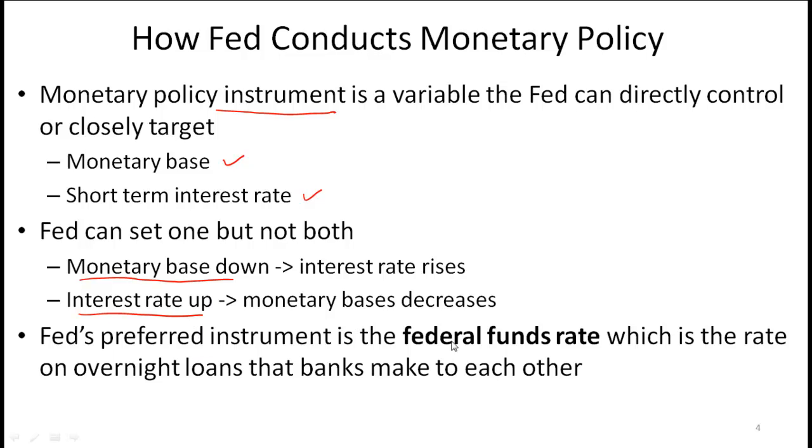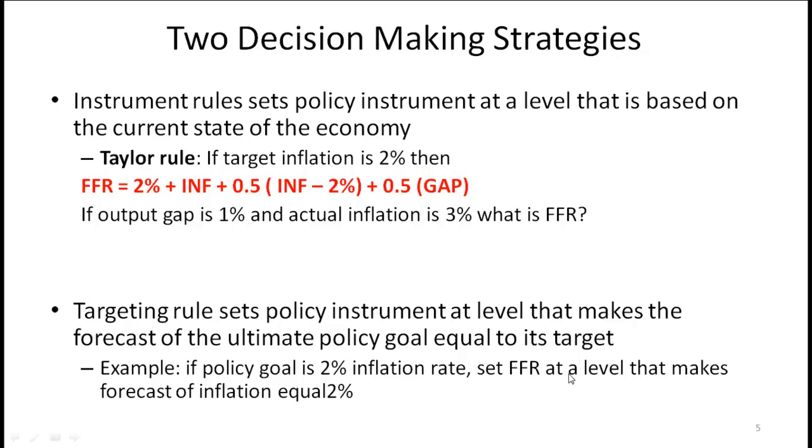The Fed's preferred instrument is the federal funds rate, which is the rate on overnight loans that banks make to each other. This is an important slide. It talks about what strategies are used to determine the federal funds rate. So let's say we have said that the federal funds rate is the monetary policy instrument that we are concerned with.